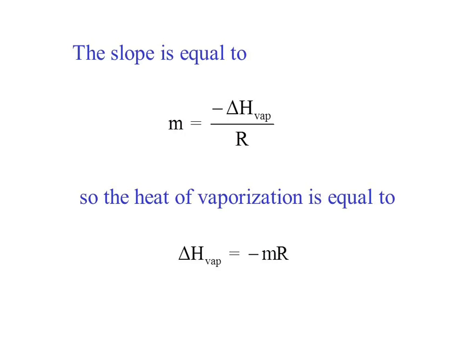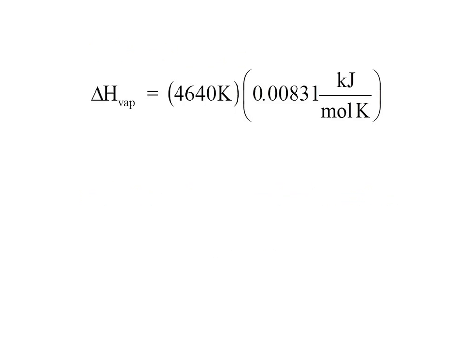Like M times R is equal to negative heat of vaporization. And then if I want to get heat of vaporization by itself, I have to multiply both sides by negative 1. So this is what we're going to do with nitric acid. We're going to plug in the slope, and we're going to plug in the R value, and voila, with its units.